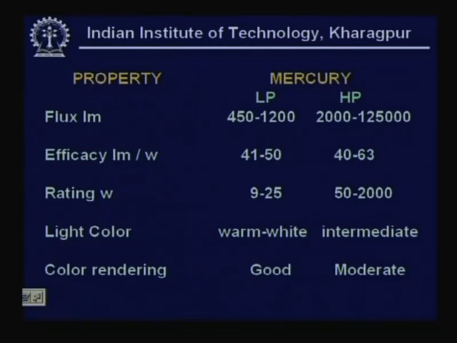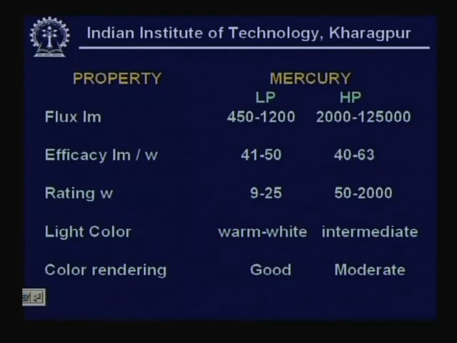If you look at the high pressure mercury vapor lamps, they have some 2000 to about 125,000 lumens. The efficacy wise, they are comparable both low pressure and high pressure, ranging from 40 to 50 lumens per watt.